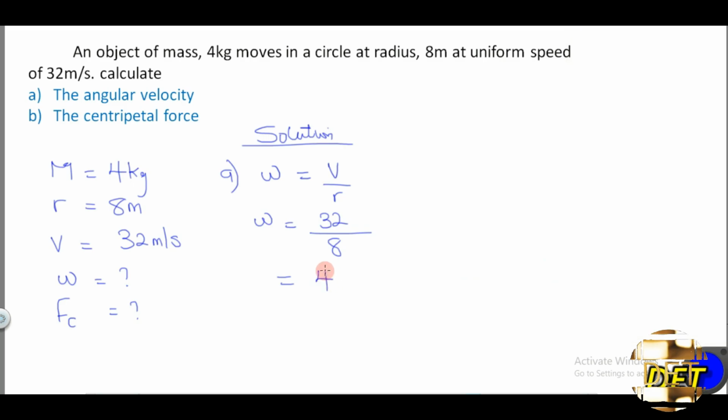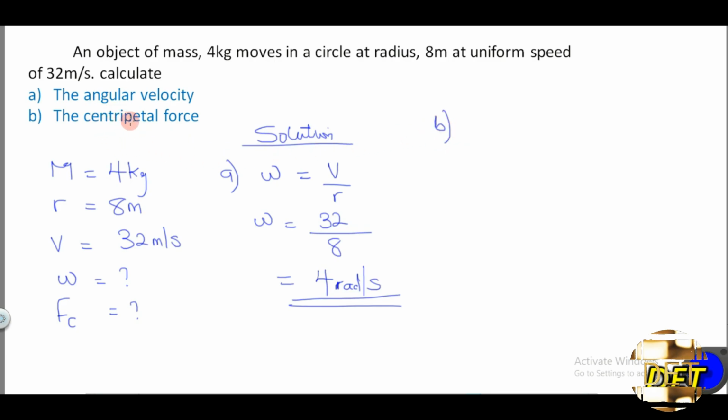So our angular velocity will be equal to 4 radians per second. So this is our answer to A, right?